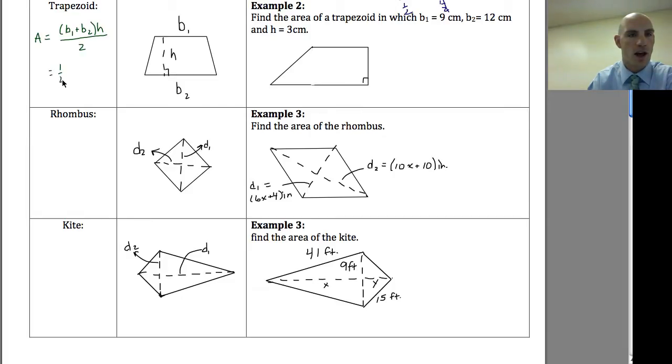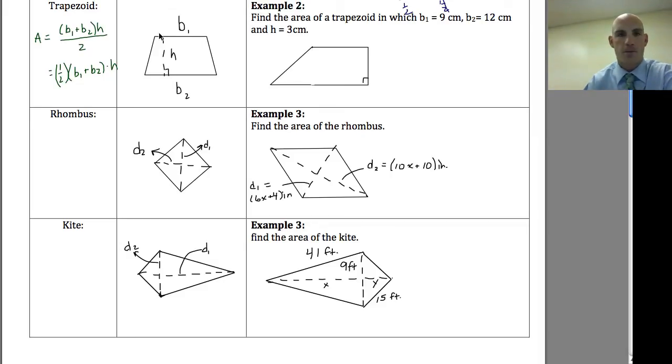Or you could say 1/2 base 1 plus base 2 times the height. Either one of those will work because we know that dividing by 2 is the same as multiplying by 1/2.